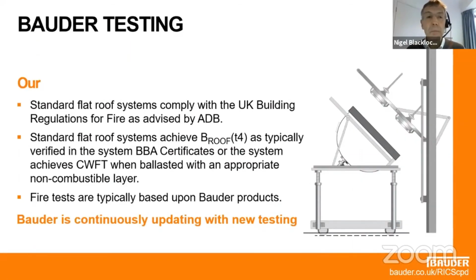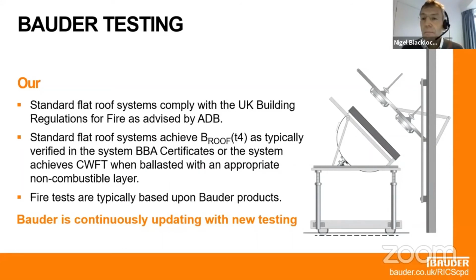So then we come on to the testing. As I said, there are hundreds, if not thousands, of permutations, and the manufacturers need to do as many as they reasonably can. There are actually only 2 test facilities in the world that can fully do this, one in Watford, BRE, and one in Ghent in Belgium, which is Warrington.